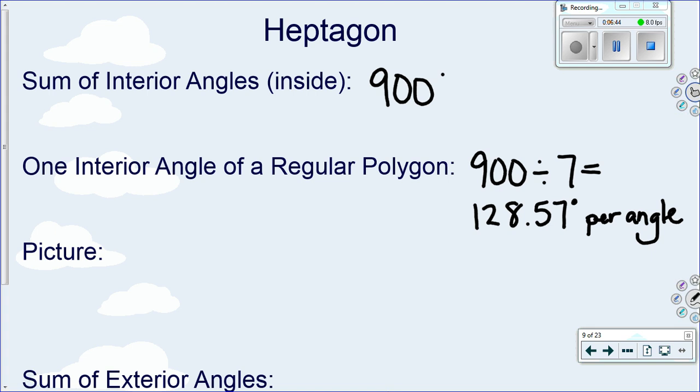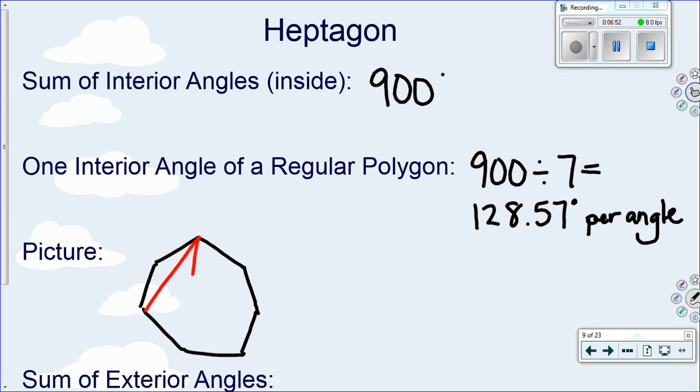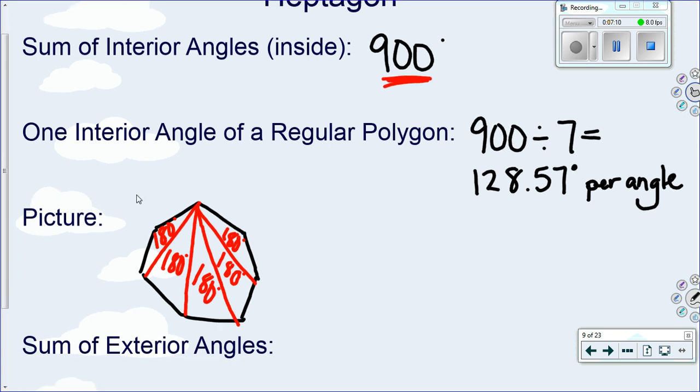There is my attempted heptagon. Now I'm going to break it into triangles. 180 degrees here, here, here, here, and here, which if you added them up would give us the total 900 degrees of our interior angles. And the sum of the exterior angles, again, adds up to 360 degrees.